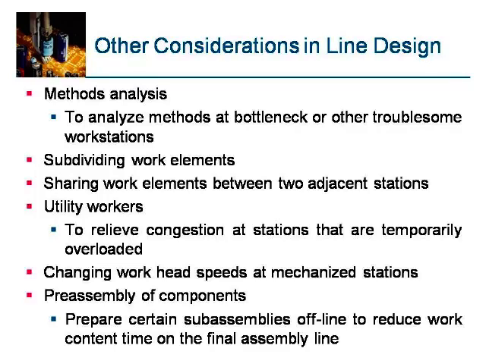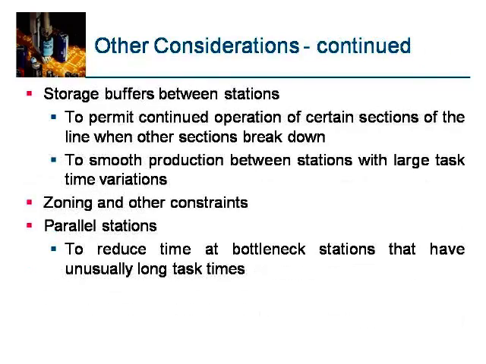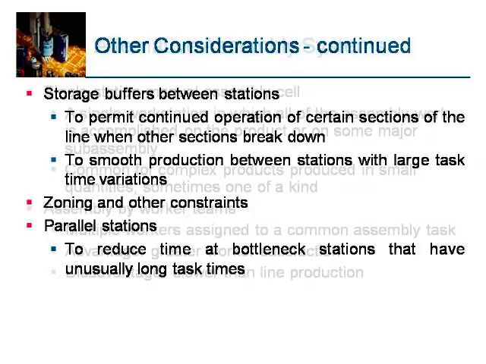Changing workhead speeds at mechanized stations, pre-assembly of components, and so on. Storage buffers between workstations permit continuous operation of certain sections of the line when other sections break down, and smooth production between stations with large task time variations. Zoning and other constraints need to be considered, and parallel stations can also be considered to reduce time at bottleneck stations that have unusually long task times.